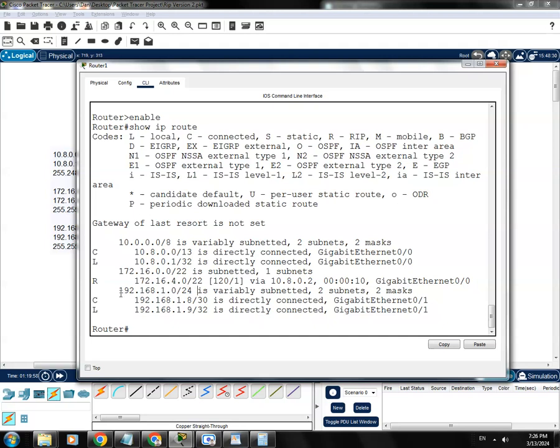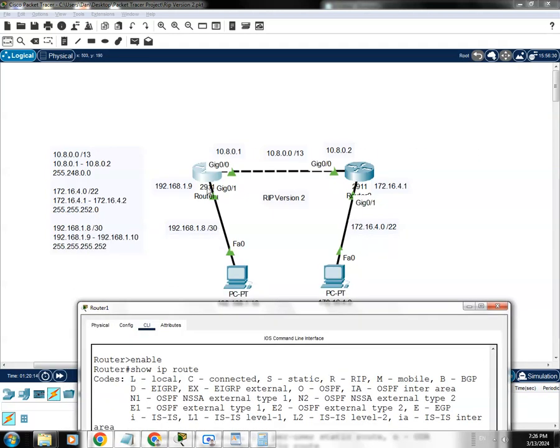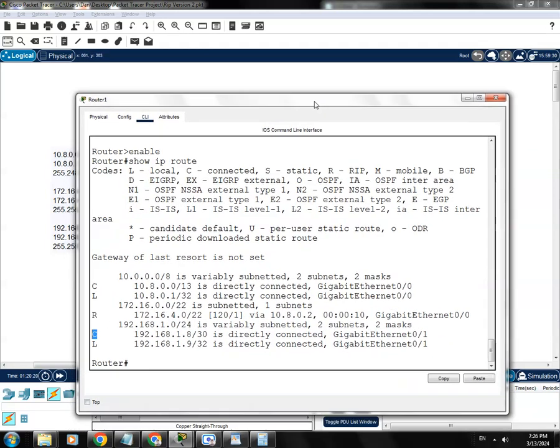Below the parent route is the child route. C stands for connected, so this is 192.168.1.8/30. This is the network, and it says it's connected. From this router it's connected, so it can see it because it's connected. Simple, right?